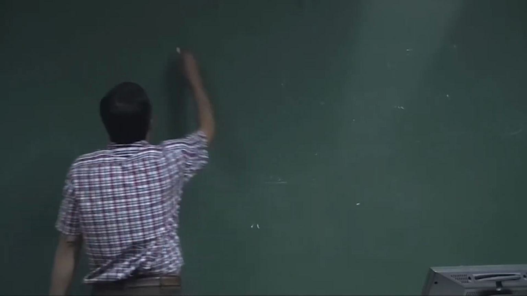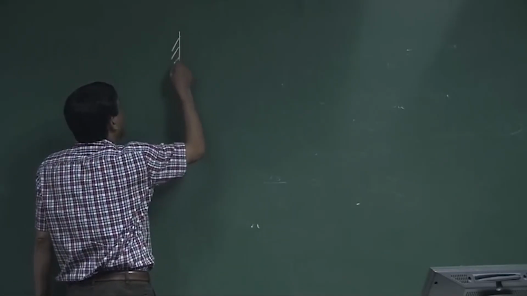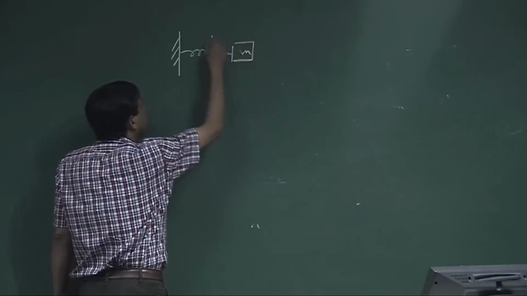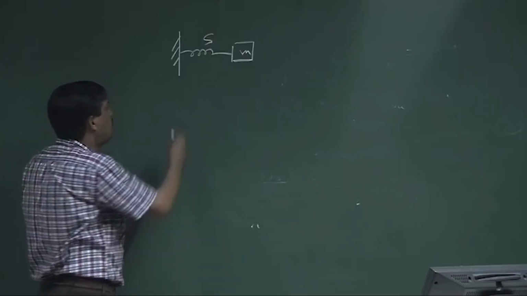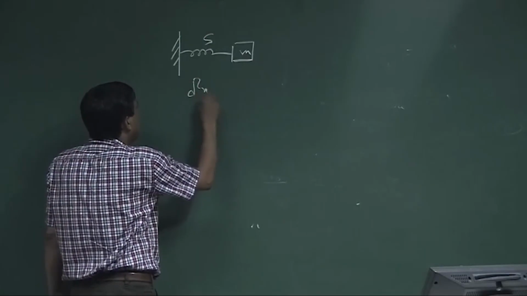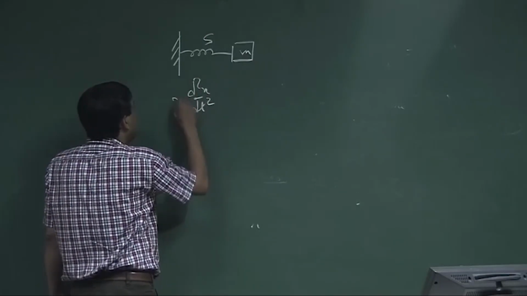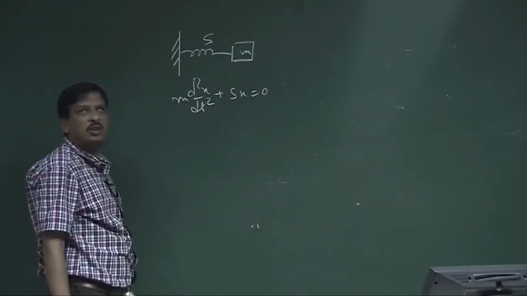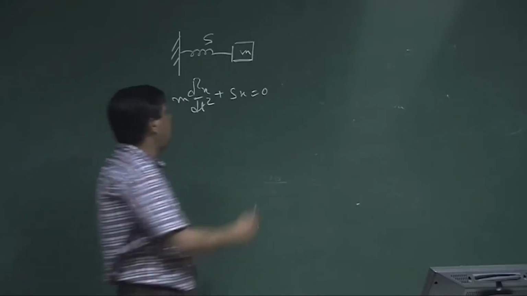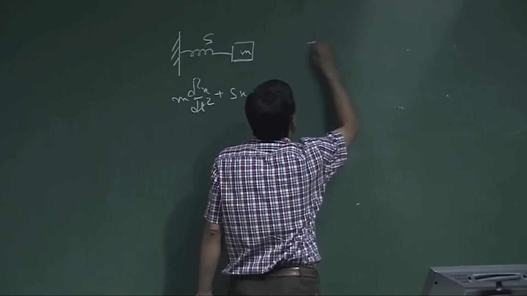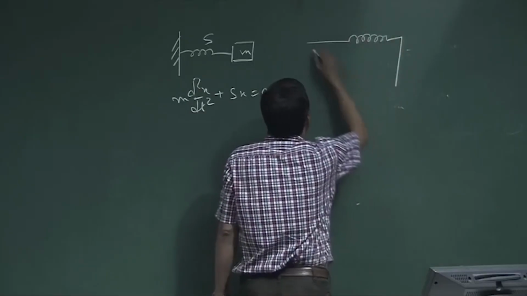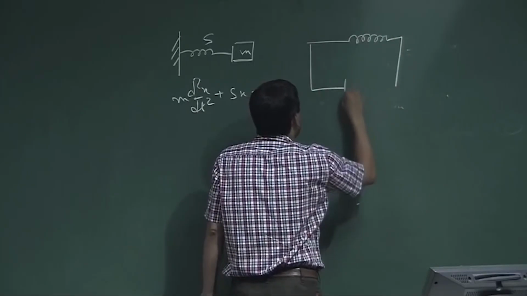If I start with the simple oscillator with mass m and stiffness S, what is the equation of motion? d2x by dt squared plus Sx is equal to 0. Okay. Similarly, if I draw a simple LC circuit, there is an inductance and there is a capacitance.